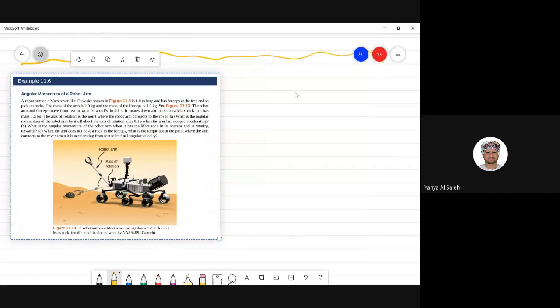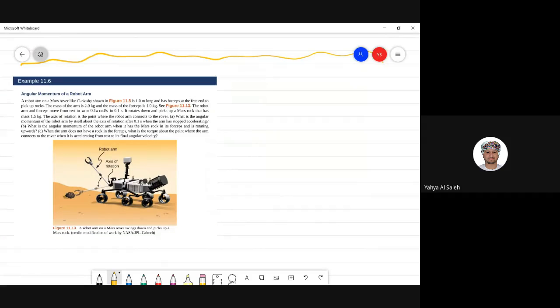Angular momentum of a robot arm. A robot arm on a Mars rover like Curiosity, okay, the one we had before, is 1 meter long and has forceps at the free end to pick up rocks. The mass of the arm is 2 kilograms and the mass of the forceps is 1 kilogram.